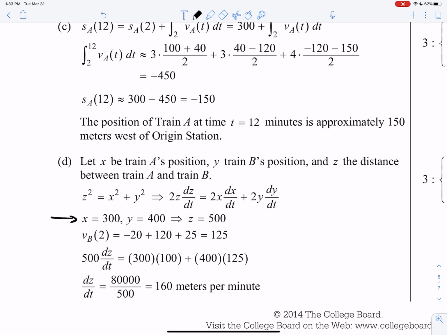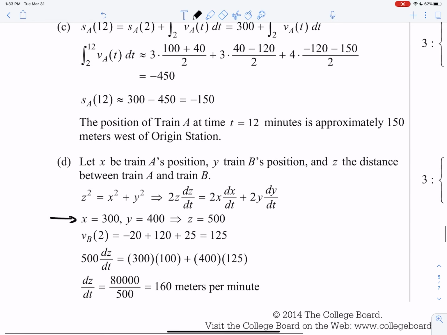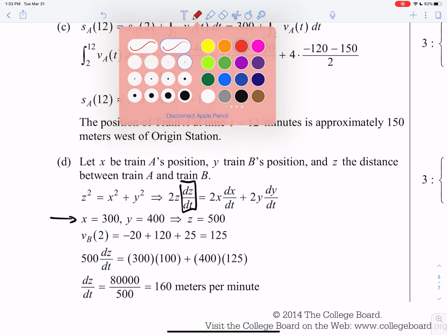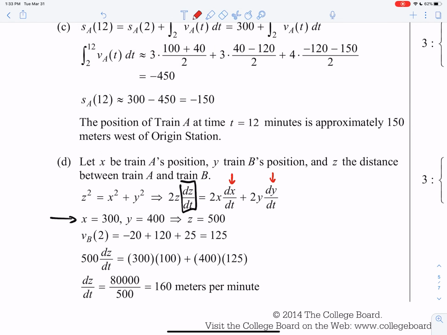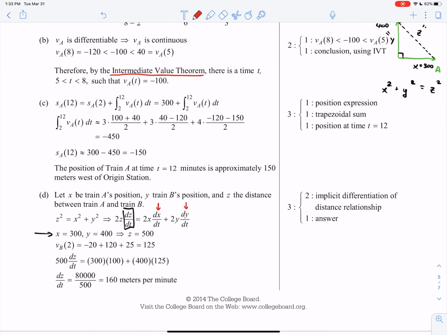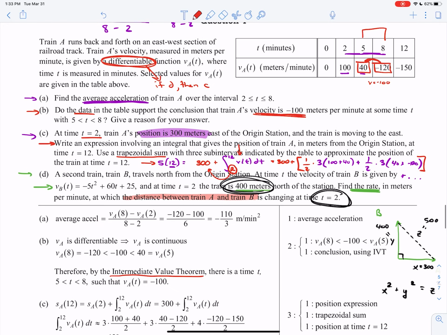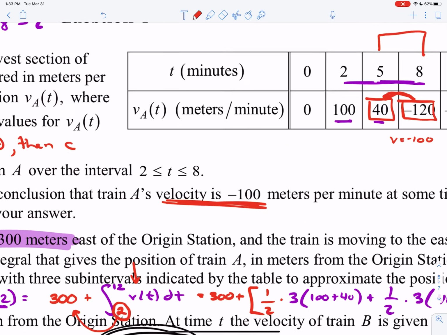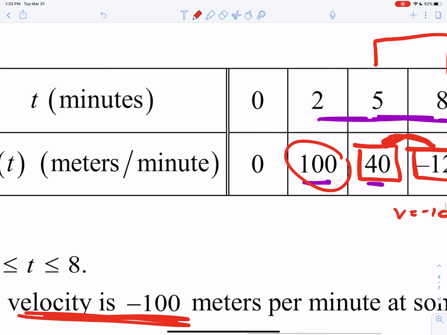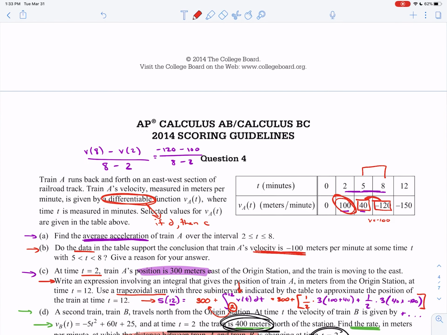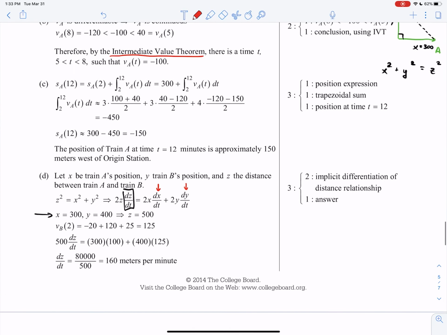The only thing we're missing is dz/dt, which is the rate at which the distance between train A and train B is changing. That's actually what we're looking for. So all we need is dx/dt and dy/dt. dx/dt is the velocity of train A. The velocity of train A at t equals 2 is 100, so I can plug in 100 there.